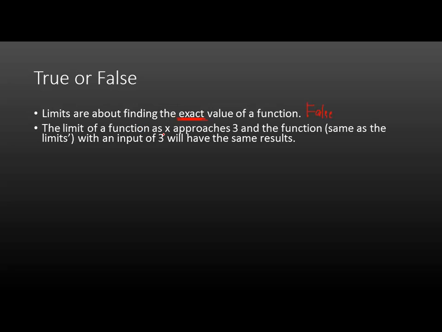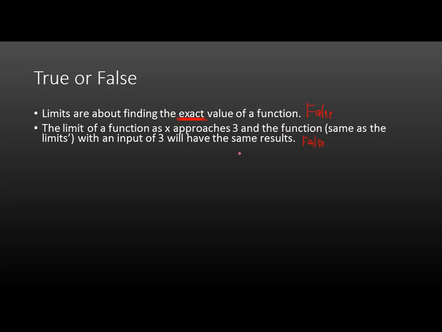Next: the limit of a function as x approaches 3 and the function with an input of 3 will have the same results. True or false? The answer here is false.